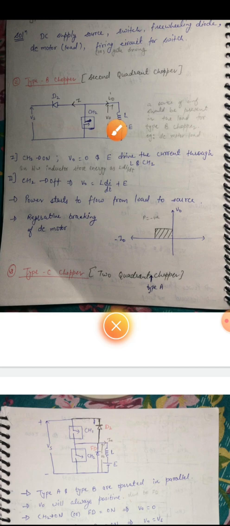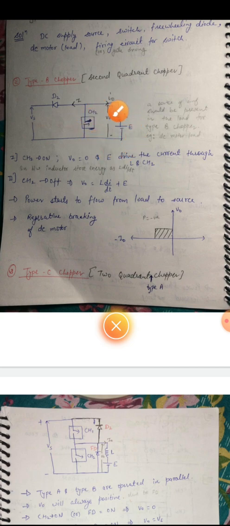The inductor is not being charged; the back EMF is already there in the motor load. So if the chopper is on, this is a short circuit. E will be forcing current through the inductor and this chopper, and this will be the circuit diagram. This will actually be the flow of current.